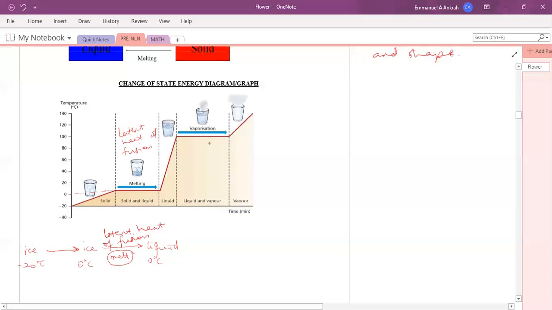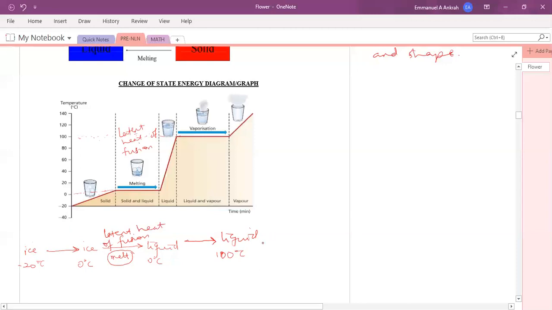Then as you put in more heat, the temperature will now shoot up. So the temperature increases till it gets to 100 degrees Celsius, 100 right here. So now the liquid temperature will increase to 100 degrees Celsius.